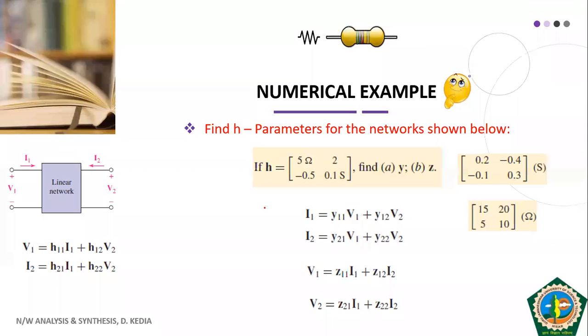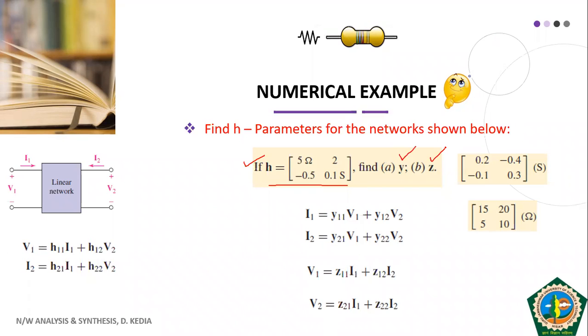So dear students, after discussing three numericals on the calculation of H parameters, now I am giving you one homework where we are given H parameters. So this is the H parameter matrix, and for these given H parameters, you have to calculate Y parameters and Z parameters.